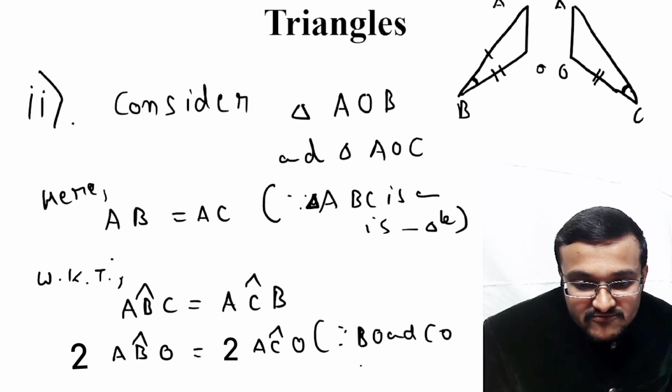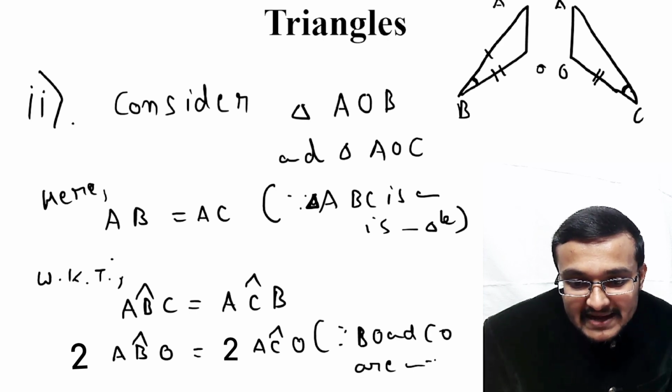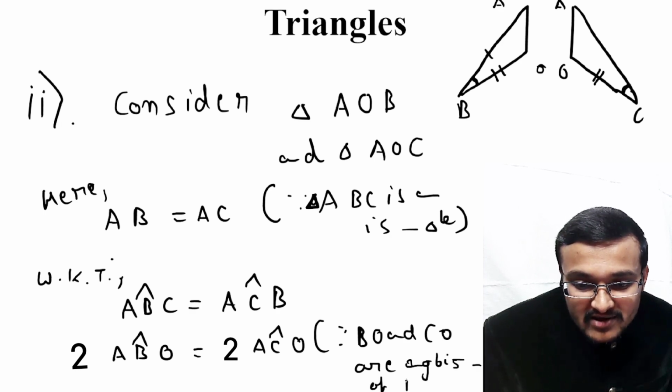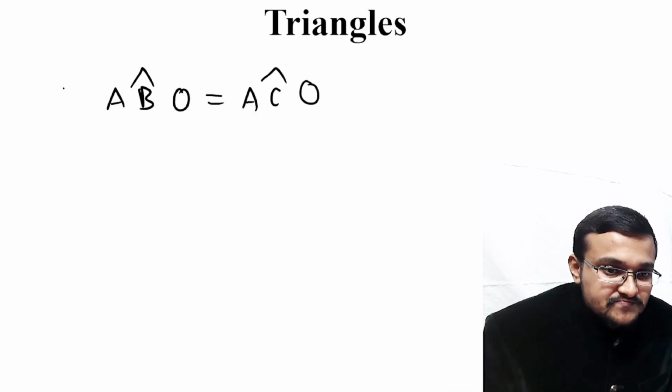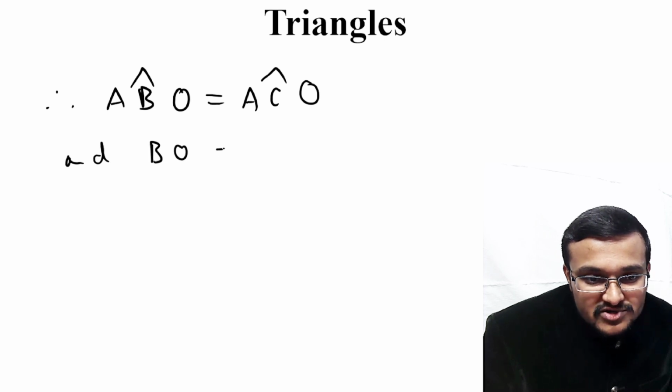BO and CO are angle bisectors, so angle bisectors of angle B and angle C. So ABO is equal to ACO and BO is equal to OC.